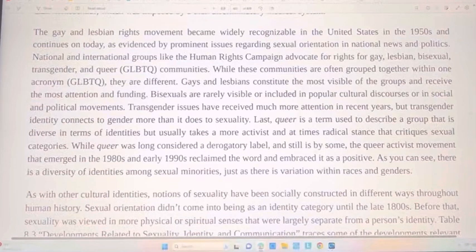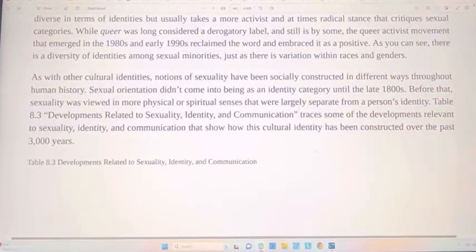As you can see, there is a diversity of identities among sexual minorities, just as there is a variation with races and genders. As with other cultural identities, notions of sexuality have been socially constructed in different ways throughout human history. Sexual orientation didn't come into being as an identity category until the late 1800s.